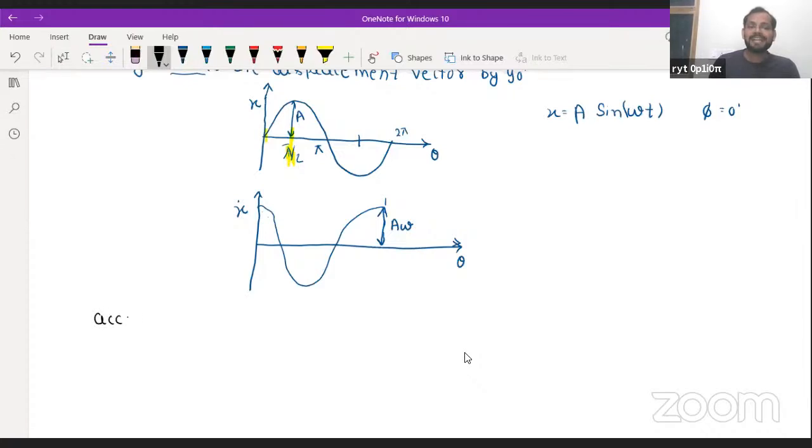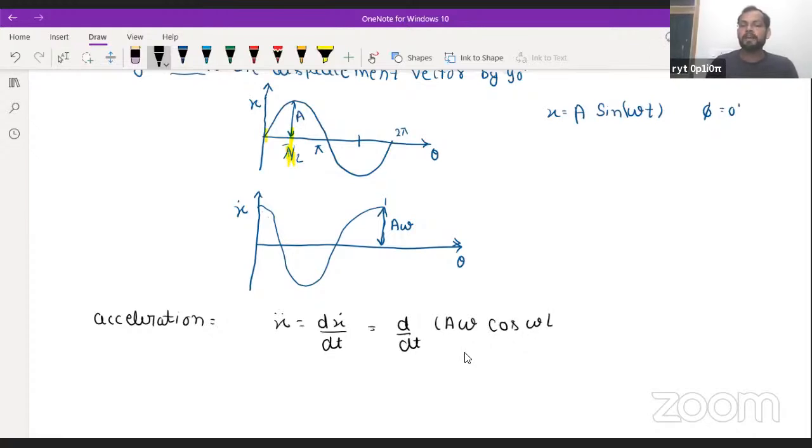So what about the acceleration during SHM? Acceleration is x double dot, which is d x dot by dt. We already have x dot equal to a omega cos omega t plus phi.